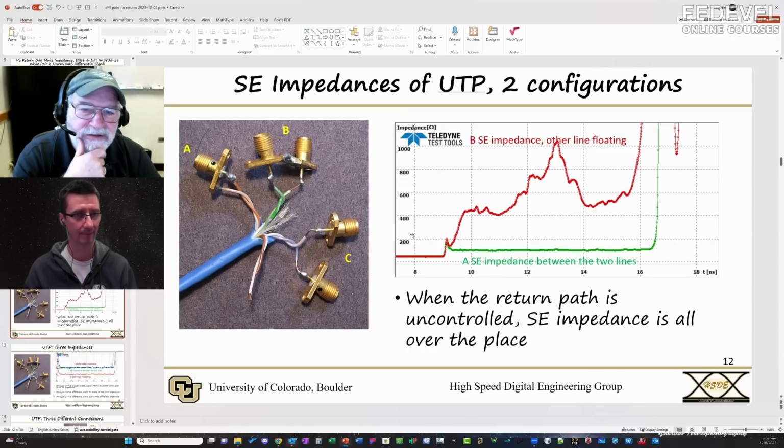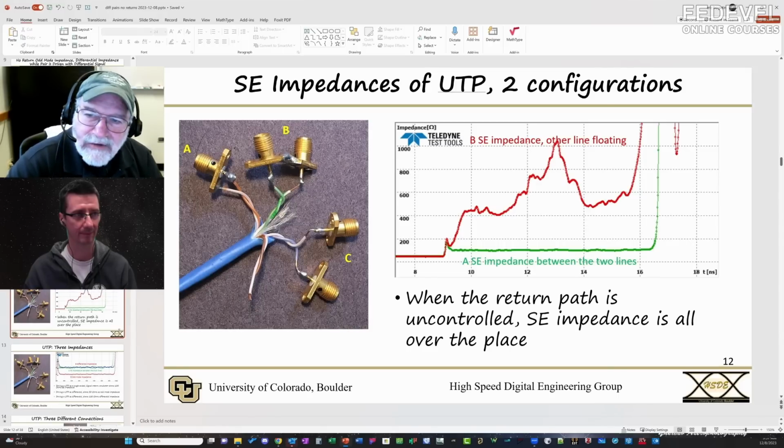It's a little hard to see on the scale. Here's 0, here's 200 ohms, and it's about 100 ohms as the single-ended impedance. Beautiful, wonderful transmission line. So a twisted pair makes a beautiful, wonderful single-ended transmission line if I drive a signal down one line and I drive the other line as the return.